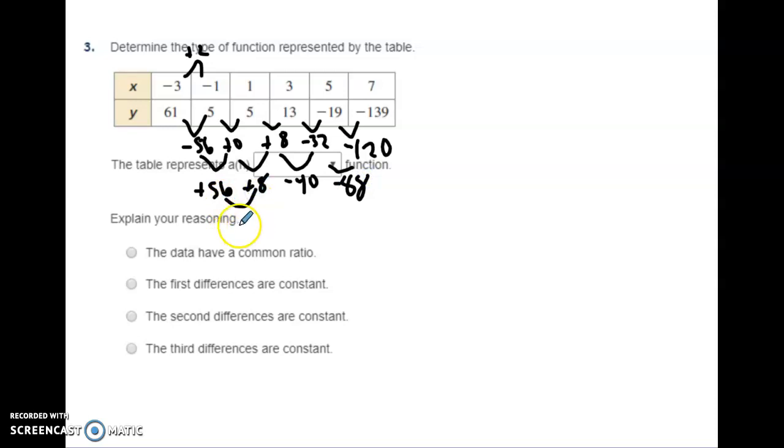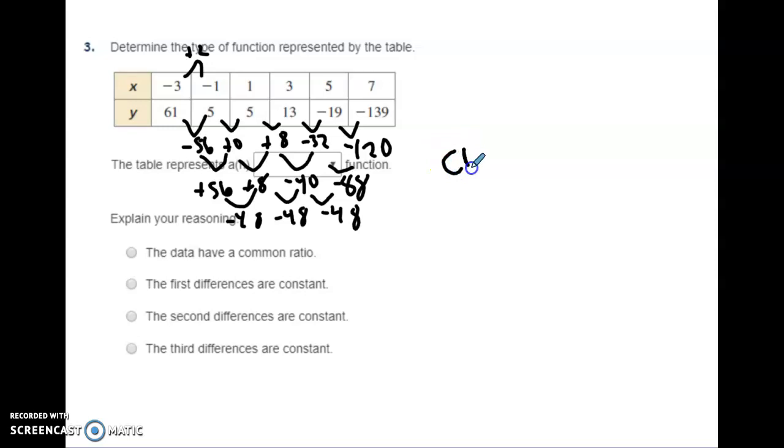The second differences aren't the same, so we check third differences. To get from 56 to 8, we subtract 48. To get from positive 8 to negative 40, we subtract 48. And to get from negative 40 to negative 88, subtract 48. So look at that, the third differences are the same.